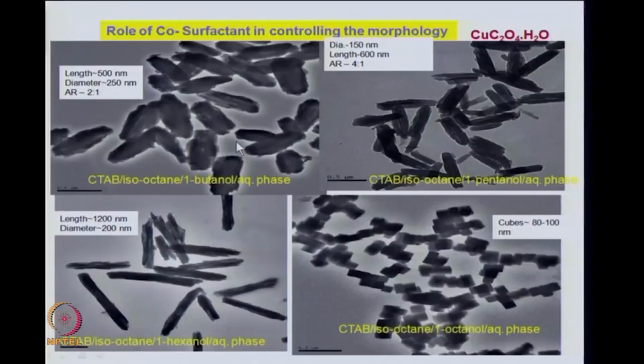So, if you go from butanol to pentanol to hexanol, you see the aspect ratio is changing, and then beyond hexanol the aspect ratio comes back, it becomes cubes.